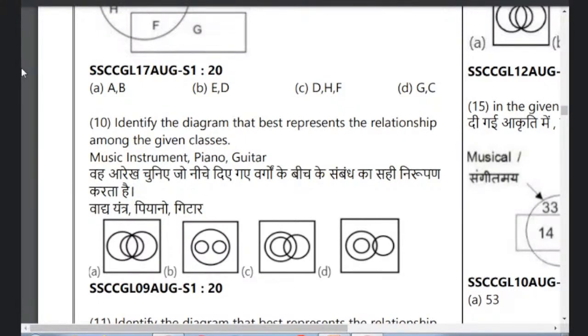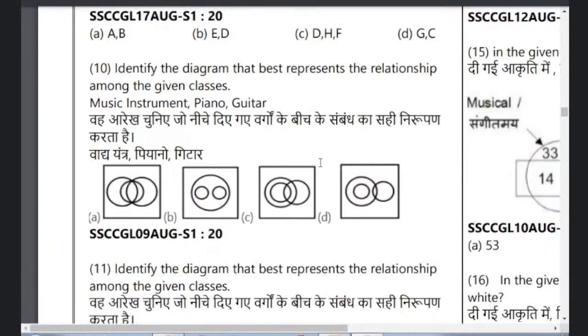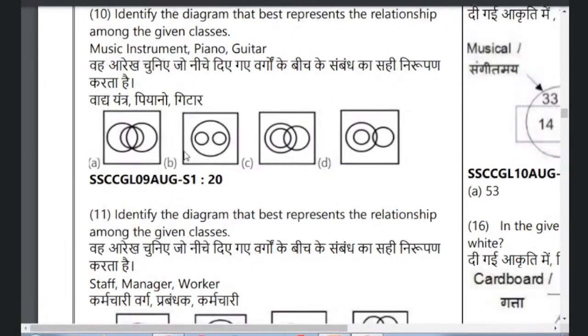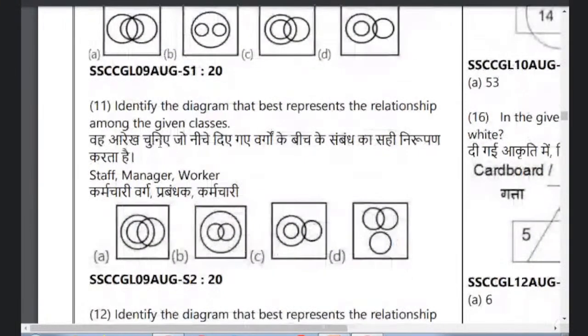B option. Okay, the correct option is B. And then in the 11th question, staff, manager and worker.